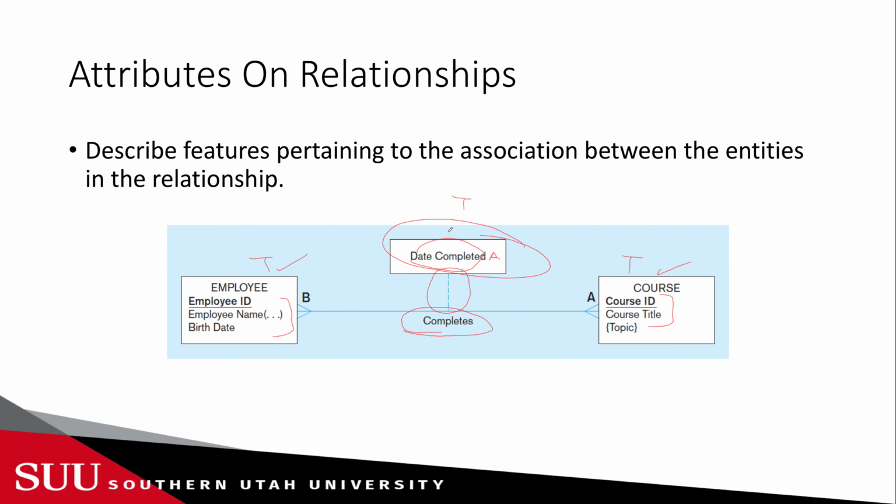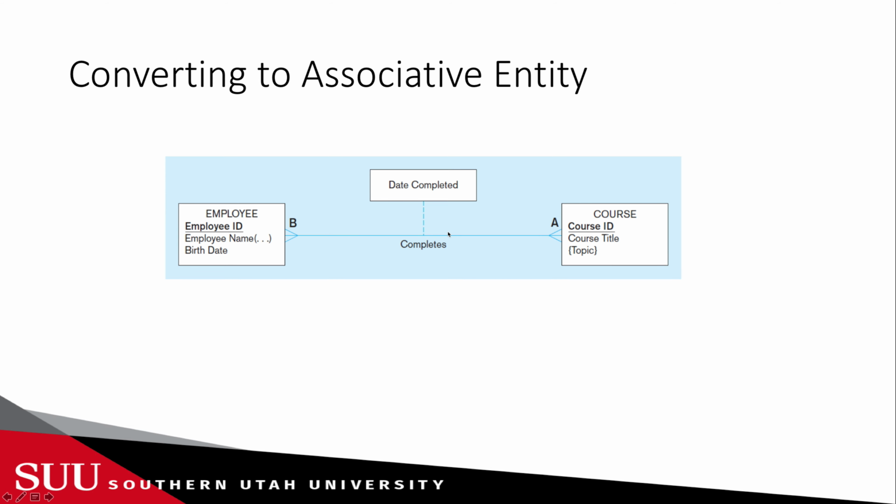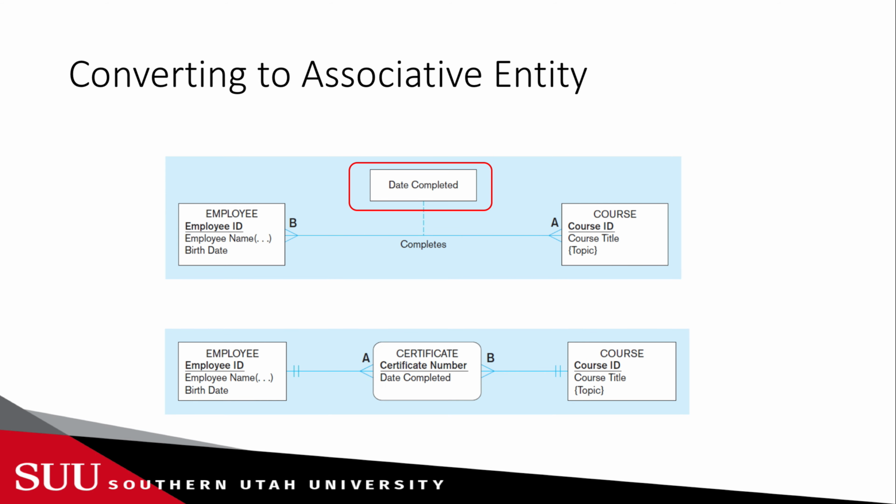And that modification is going from the attribute on the relationship to an associative entity. So I called this, in this case, a certificate. So you can call this whatever name you would like to call, as long as it makes sense. And then I will include my date completed. Now, why do I have to have this? Because it's the rule of each entity to have a unique identifier. And we will see later on how we can really map those together.